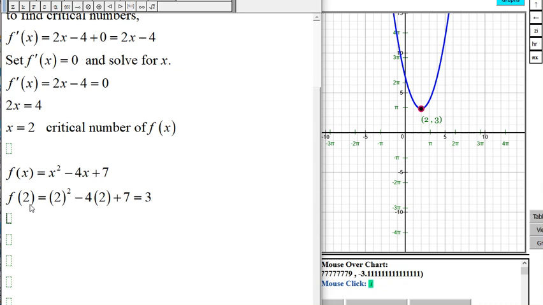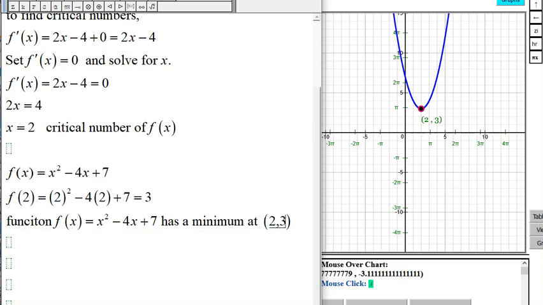And so we say that the function f of x has a minimum at the point (2, 3).